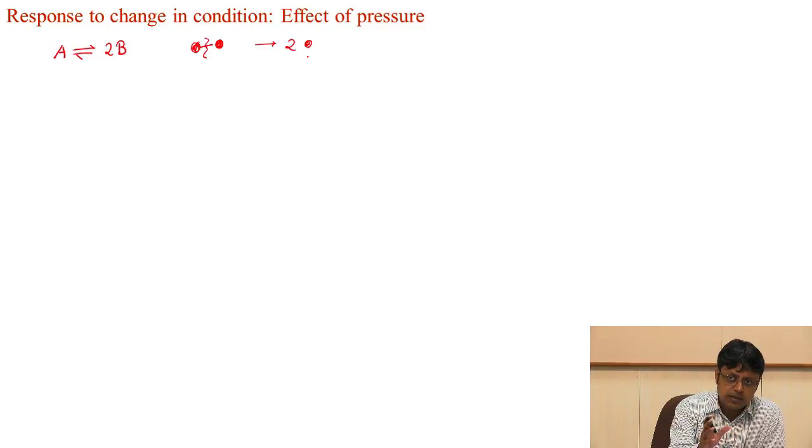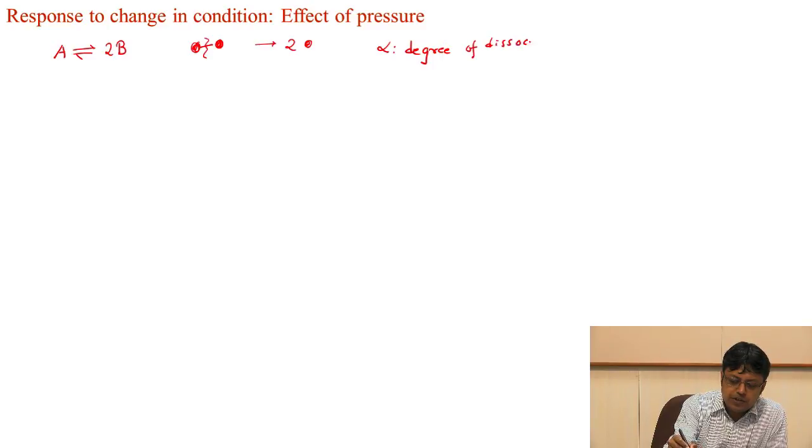Now suppose this is happening in equilibrium, and let us also assume that the degree of dissociation is alpha. So alpha is the degree of dissociation, which you can connect to the advancement of reaction.